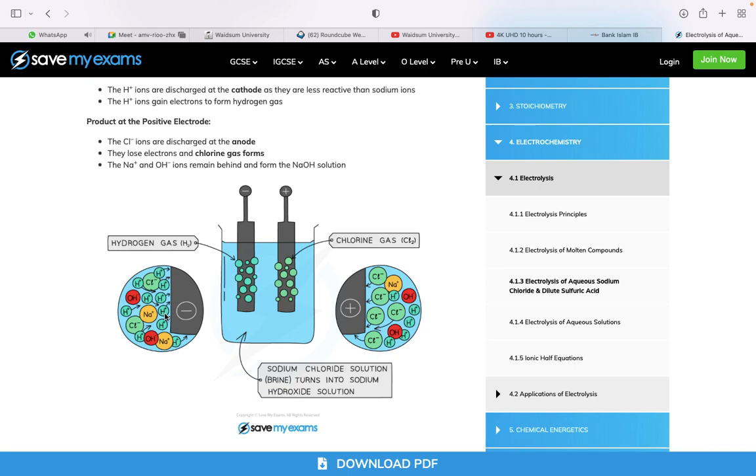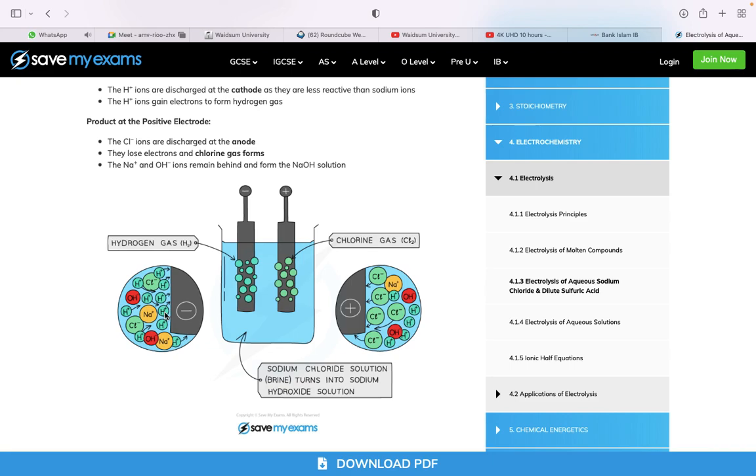Why is that? Like we said earlier, you dissolve a concentrated solution of sodium chloride in water, so two compounds are coming together. The water will dissociate into hydrogen ion and hydroxide ion, OH minus. The sodium chloride will dissociate into sodium and chloride.